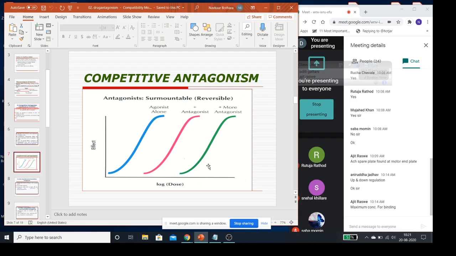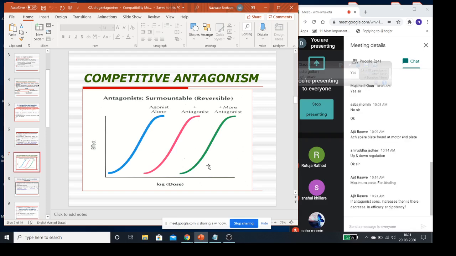And in the pink line and the green line you can see that the antagonist was added in small concentration, and then in some higher concentration. So as we increase the antagonist concentration, potency, that way you can say, is decreased.